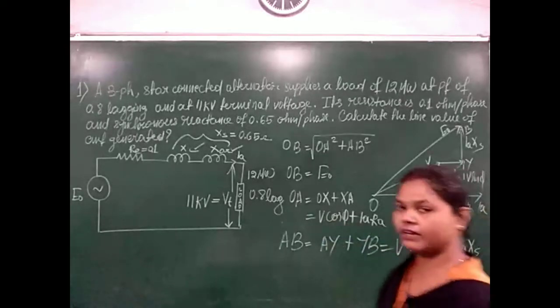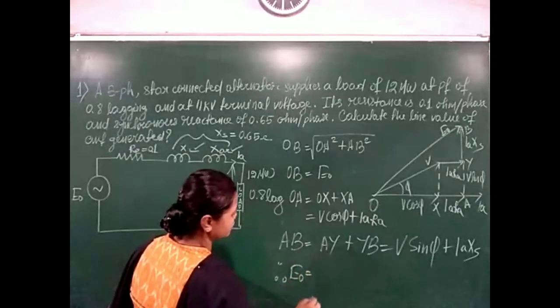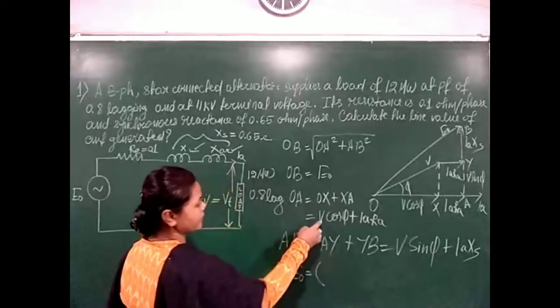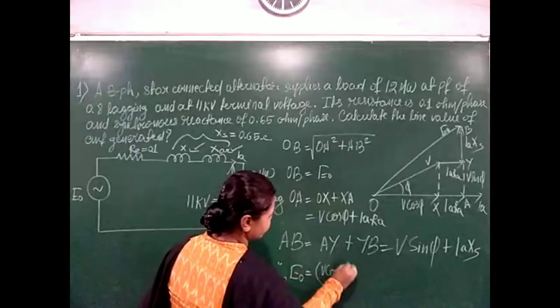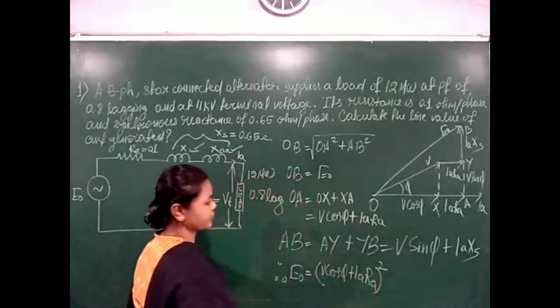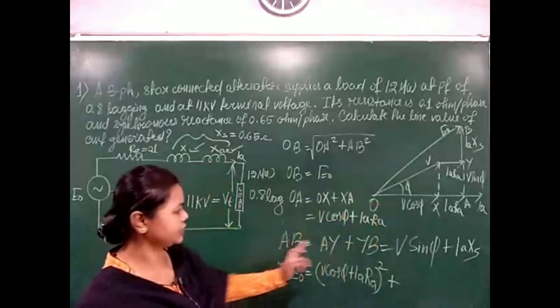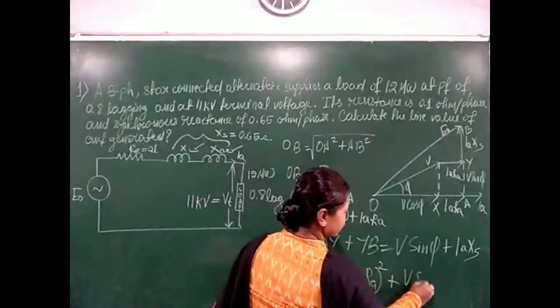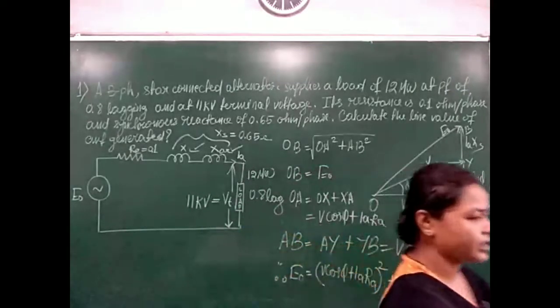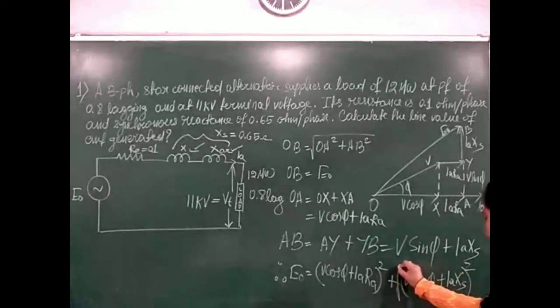So finally, you get E0 is equal to the square root of (V cos phi plus Ia Ra) whole square plus (V sin phi plus Ia into Xs) whole square.